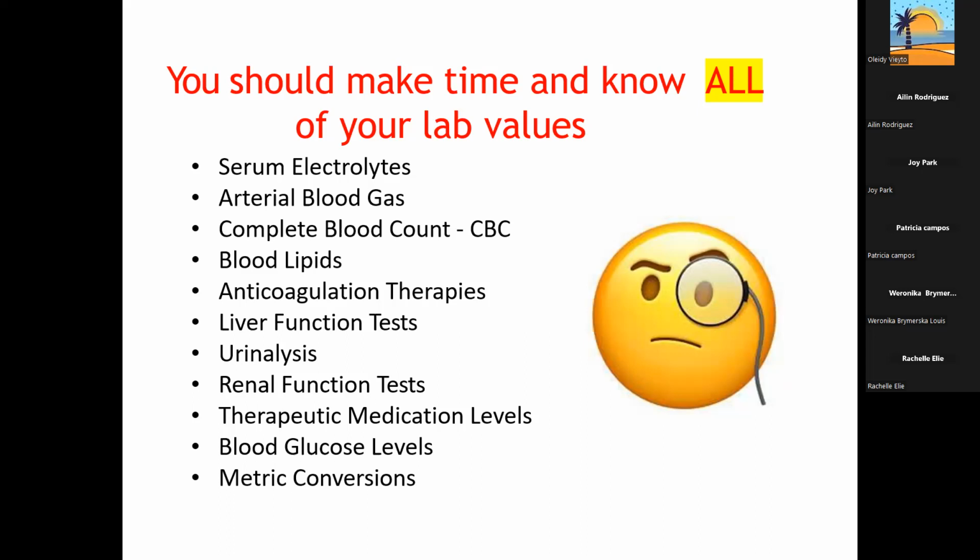Remember, medication only leaves the body two ways, either through the kidneys, which handle 80% of drugs, or through the liver, which handles 20% of drugs. So I need to know what my ALT is, what my AST is. I need to know my renal functions, BUN, creatinine.